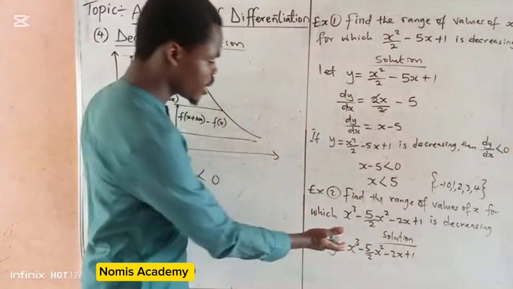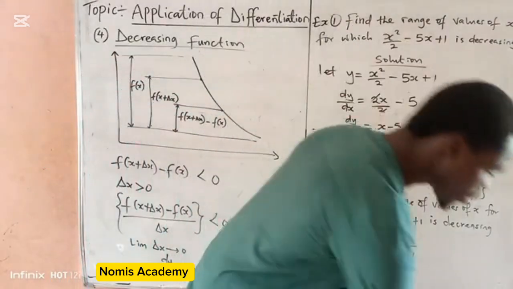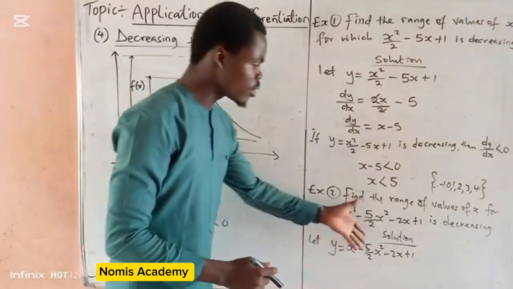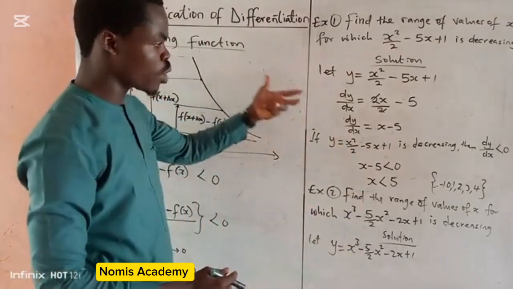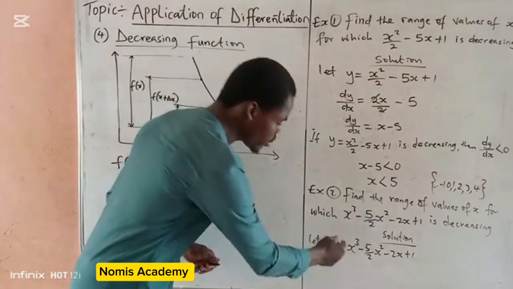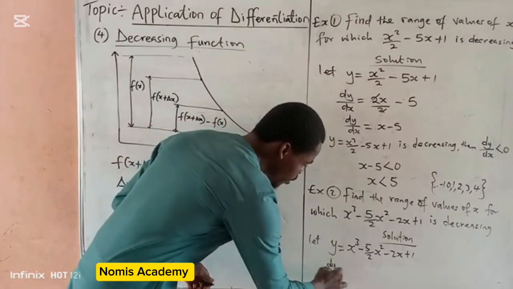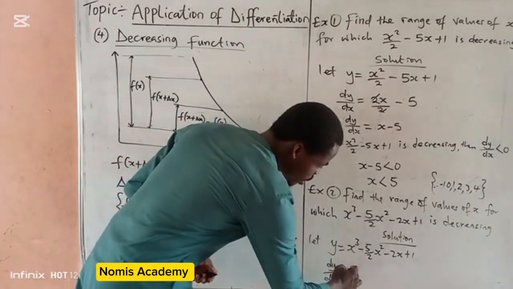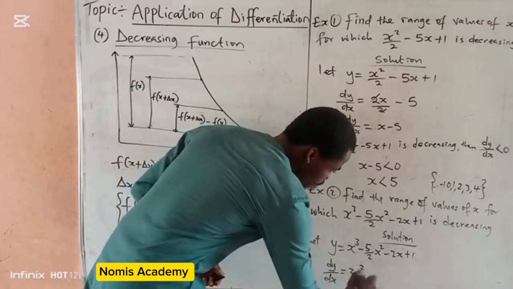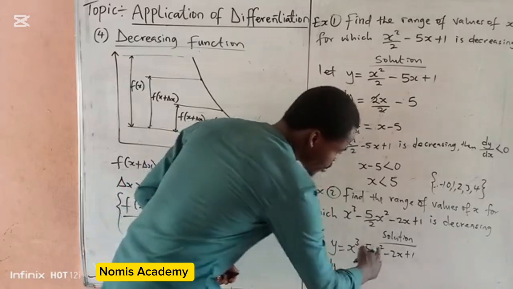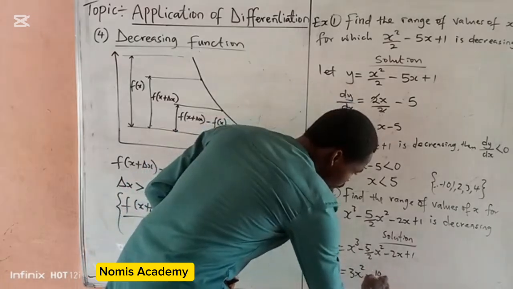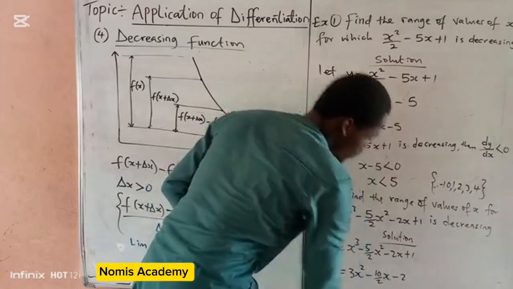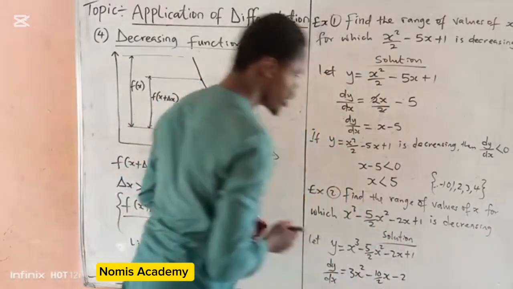Now we are going to find the derivative of the function and then go further to solve what we already know. The derivative of the function is dy over dx equal to 3x squared minus 10 over 2x minus 2, and then the other one is 0.